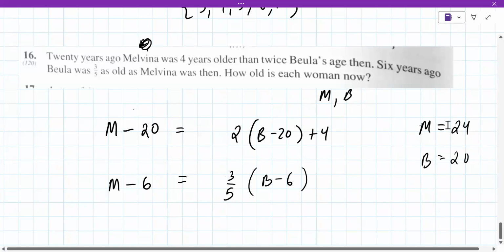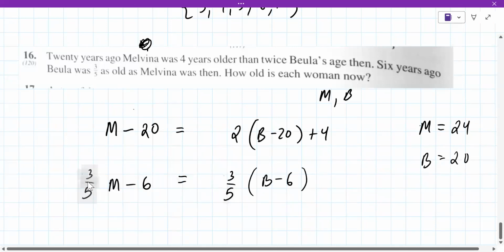So there's something not right. 20 years ago, M minus 20, 4 years older than twice Beulah's age, then B minus 20. 6 years ago, M minus 6, B minus 6. Beulah was 3/5 as old as Melvina.